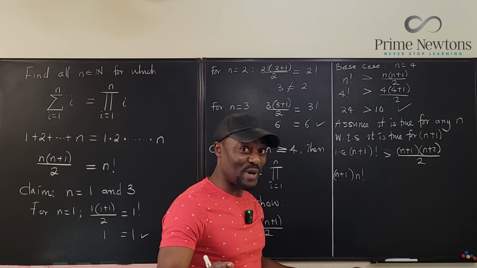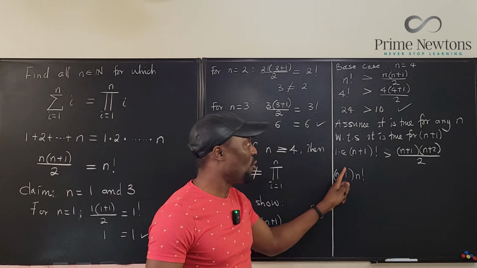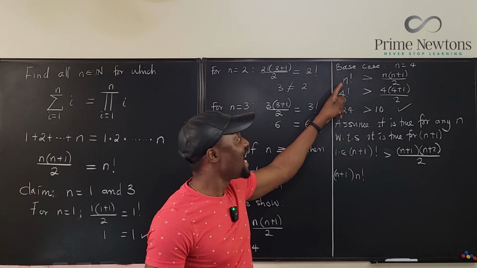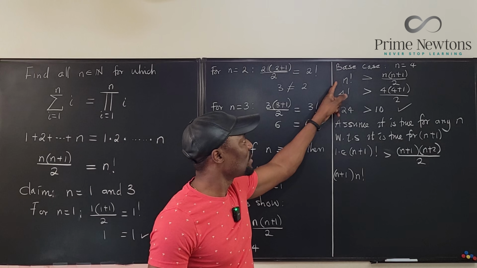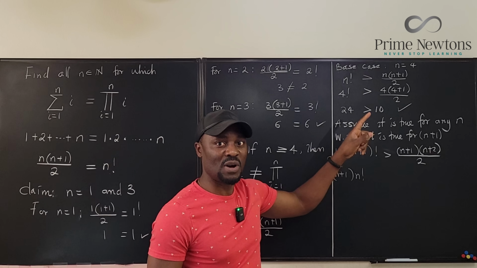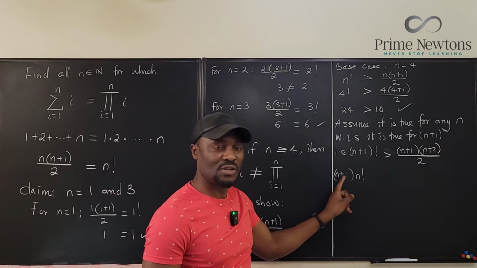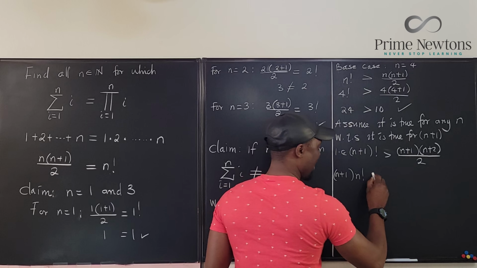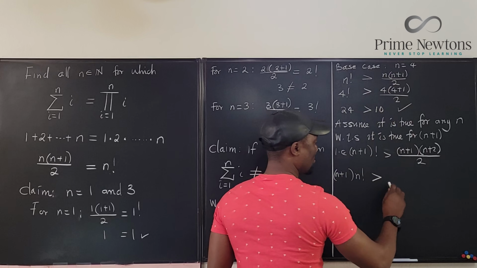But there's a very nice way to show it. We can just transport back to this inequality, the base case we already established was true, and say, hey, I'm going to multiply this by n plus 1, and I'm going to multiply this too by n plus 1. It's more like a translation of this. I have multiplied this by n plus 1. It has to be greater if I multiply this also by n plus 1.